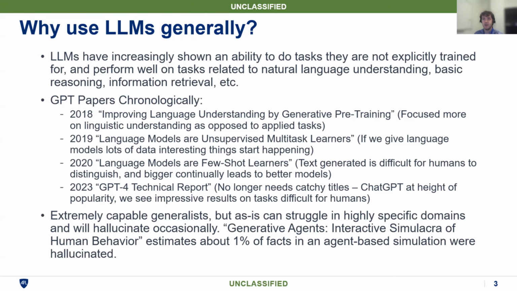I think one of the most interesting ways to look at the history of large language models is by looking at just the titles and general feelings of the GPT papers chronologically. The first one released in 2018, a year after the Transformer paper, is Improving Language Understanding by Generative Pre-training.